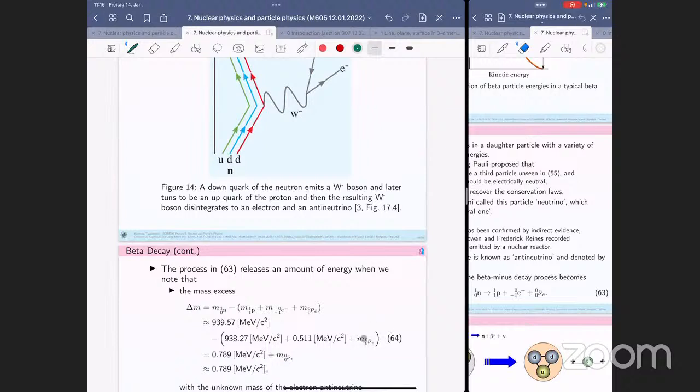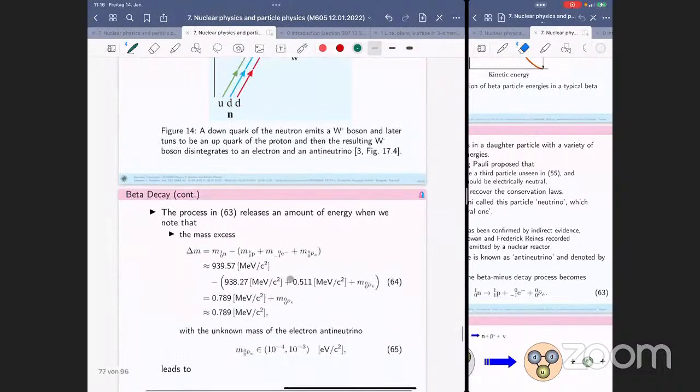Even today, the physicists still don't know the mass of the electron anti-neutrino. I cannot do anything about that. Then you make the subtraction, and you could see that the excess mass is 0.789 plus the mass of the electron anti-neutrino. You just approximate this by neglecting the mass of the electron anti-neutrino, but we know from theory that when something is very, very small, it's very hard to compute or detect, right?